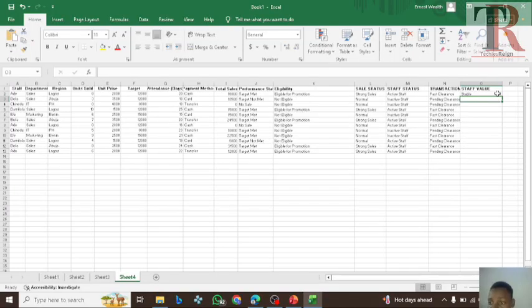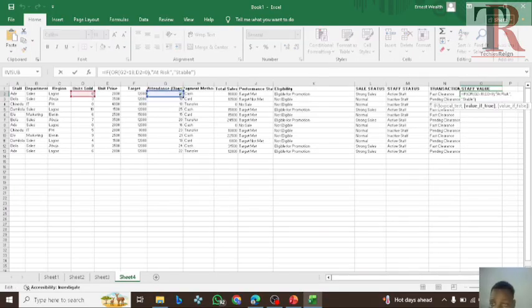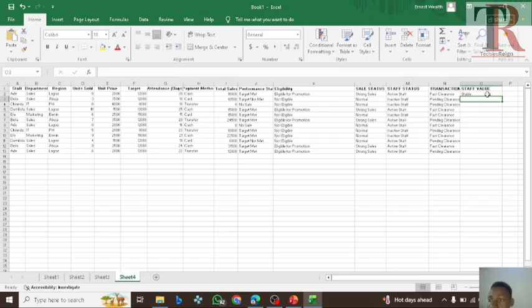So here this staff is stable because the first condition is not met, it's not less than 18, and the second condition is also not met because it's not equals to 0. So that's why it's showing us stable.